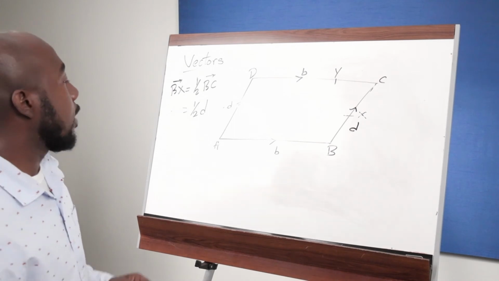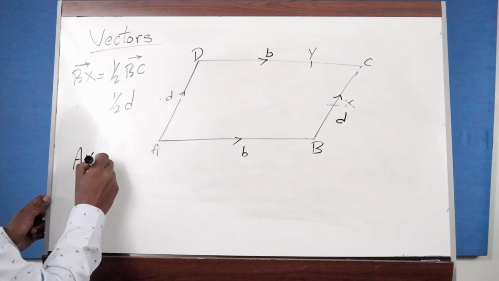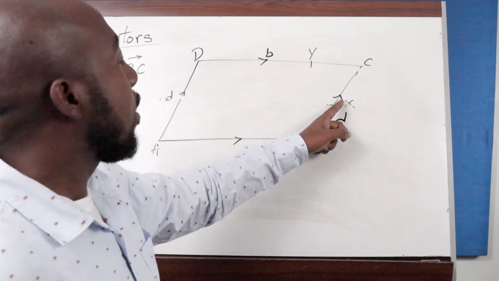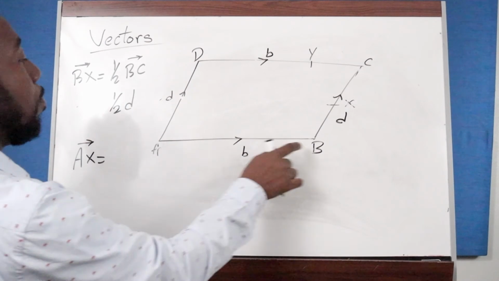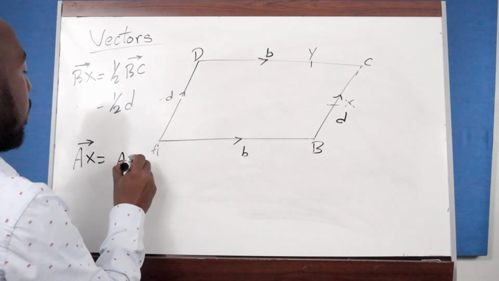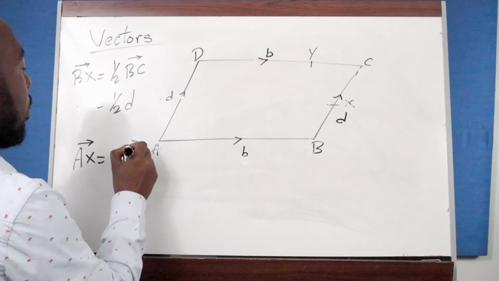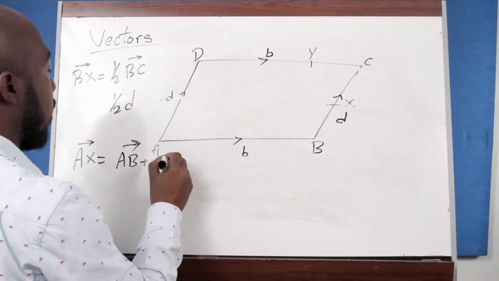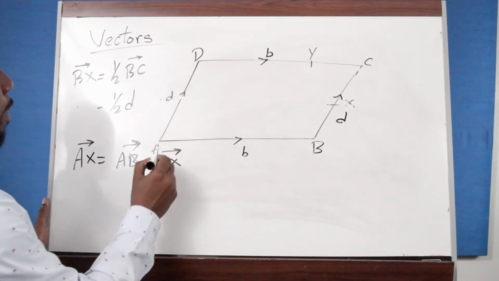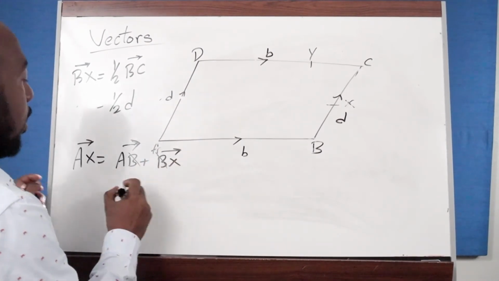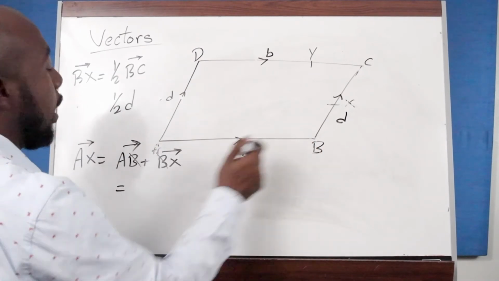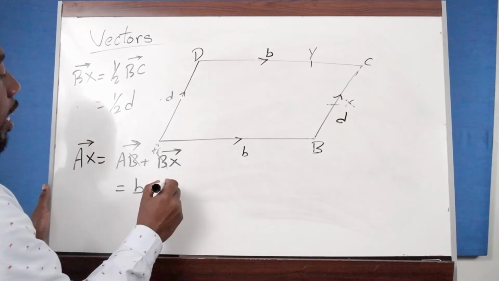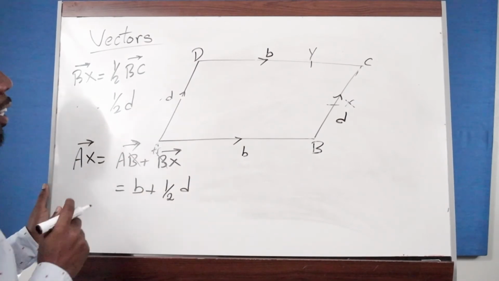Let us look at AX. I am standing at A, and I need to get to X. So I am traveling from A to B, plus I'm going from B to X. As you can see, both in the middle are the same, so I'm getting A to X. A to B is b, plus B to X, which we got already, was half of d, and that is your answer.